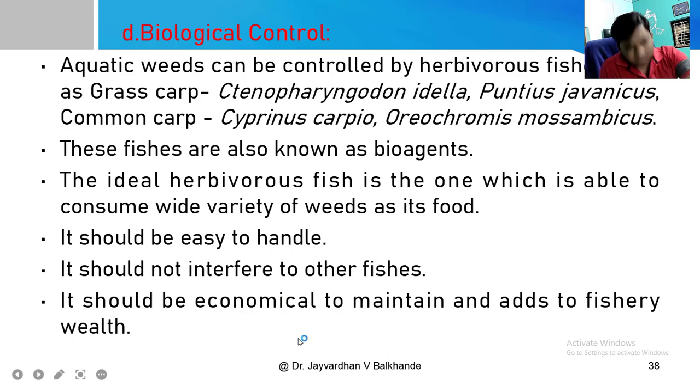Whatever fish we use for controlling the weeds, it should be handled easily. Okay, and it should not interfere with other fishes, meaning there should not be feeding competition. They just eat only the weeds.